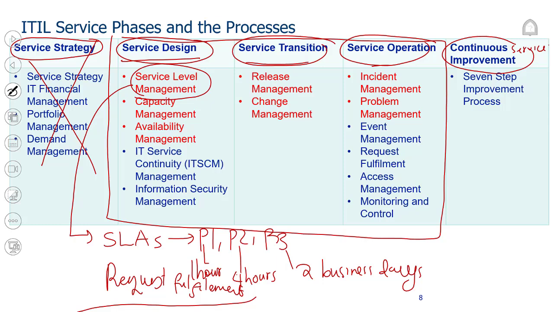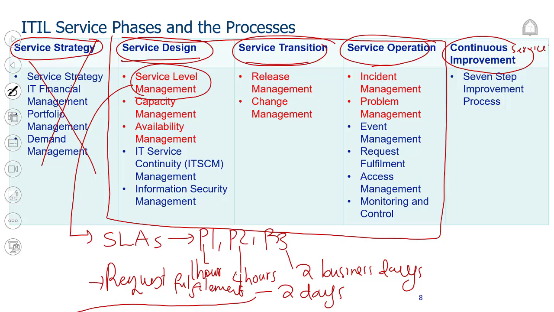If I agree with my customer that the process should take 2 days, I can raise a request fulfillment ticket to the service desk, and the service desk should coordinate that with the technical teams to make sure that I get my laptop, my accounts are created, and everything that I need is ready within those 2 days.